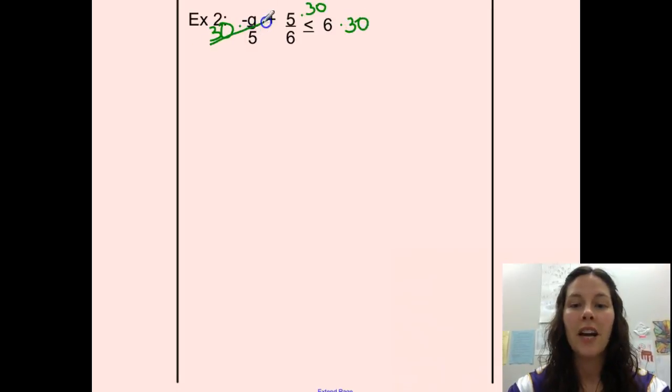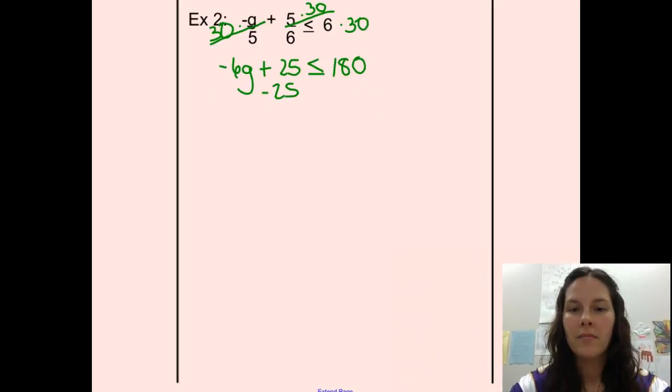So we have 30 divided by 5 is 6, times negative g is negative 6g, plus 30 divided by 6 is 5, times 5 is 25, less than or equal to 6 times 3 is 18, so 6 times 30 is 180. Subtracting 25 from both sides, we get negative 6g is less than or equal to 155.